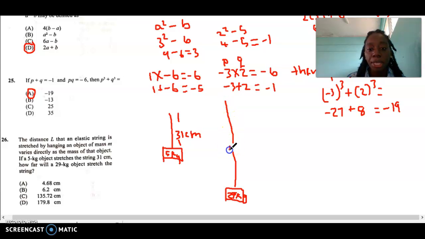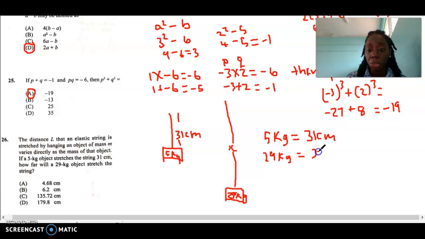So that is what I'm thinking. Now remember that it varies directly. So if the 5 kilogram stretches the string 31 centimeters, then my duty now is to find out how far will 29 kilograms stretch this string.